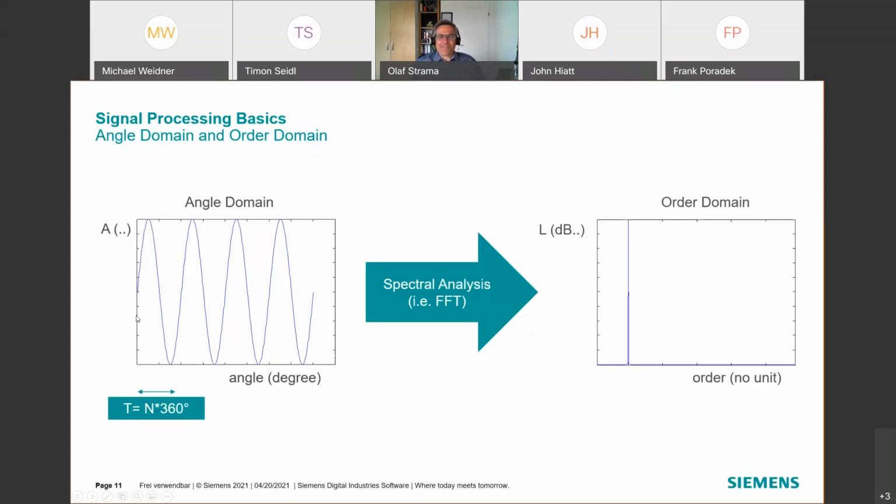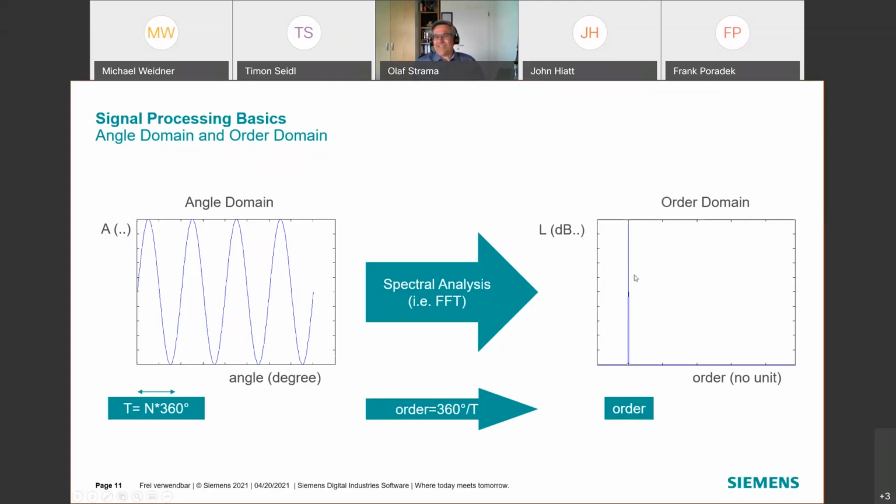The time span of this period of our sinus function is n times 360 degrees. That means 1 revolution of our reference shaft. And order is 360 degrees divided by this time, and then we get an order.